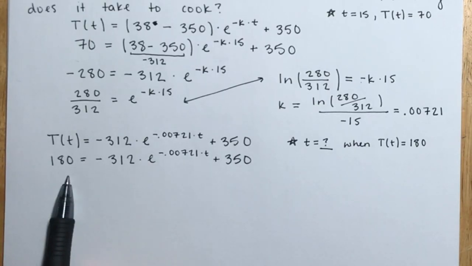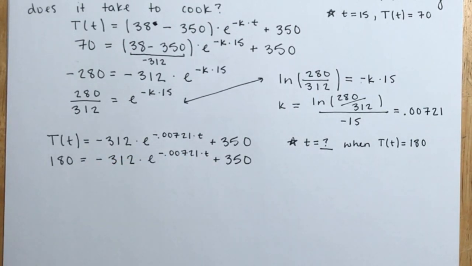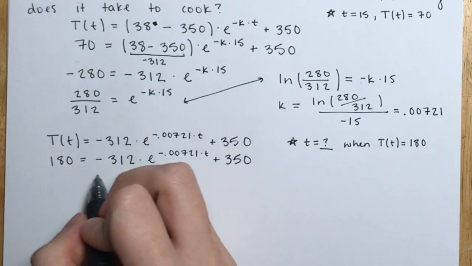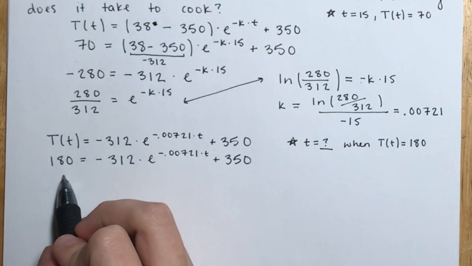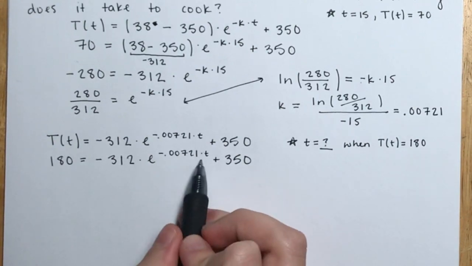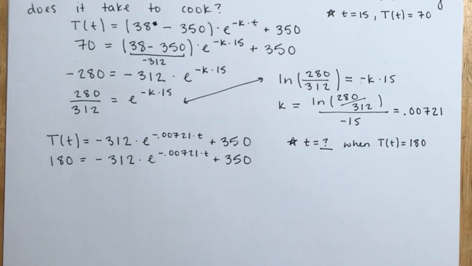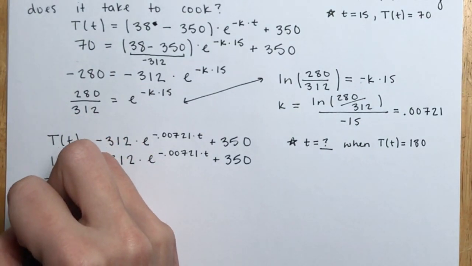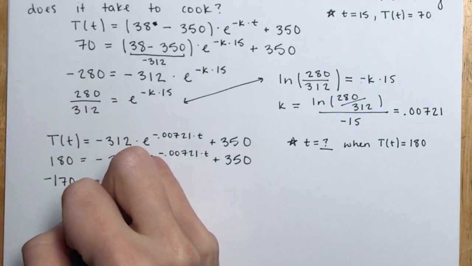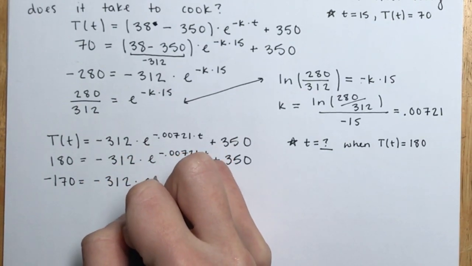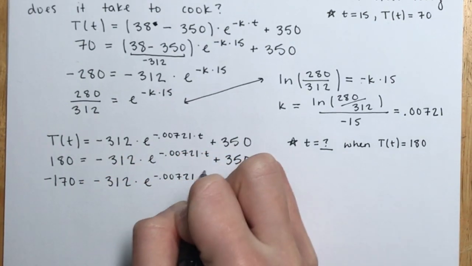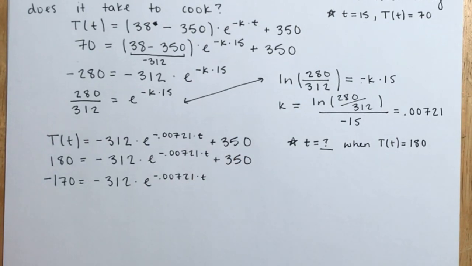So now that we know a little bit more about what's going on, again, we're plugging in this 180. We're trying to figure out where this all is equal to this. So let's do it algebraically. We want to get this by itself. So we subtract that 350 over, we get negative 170. Then we divide over.